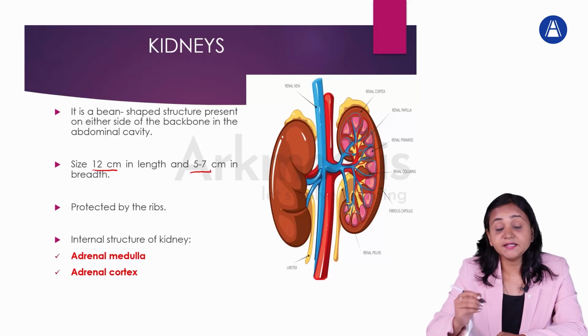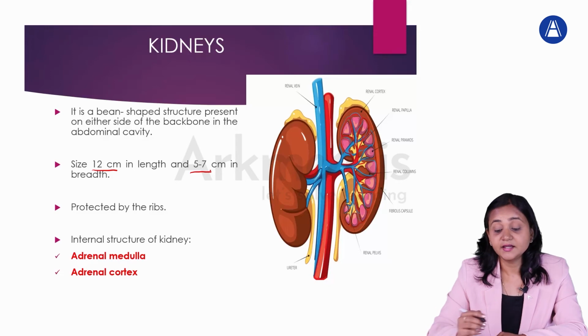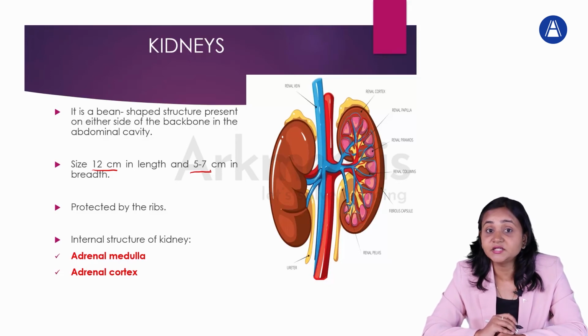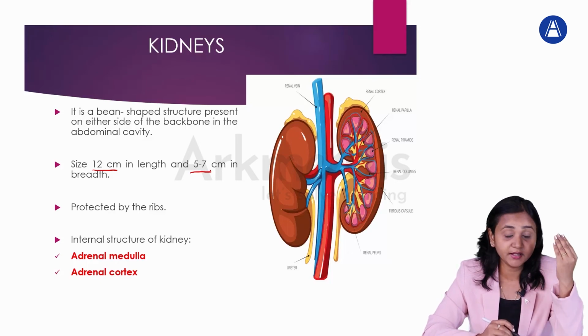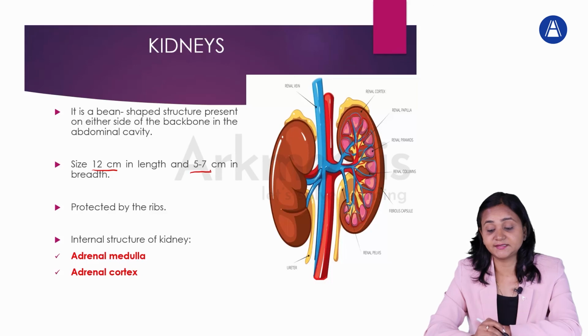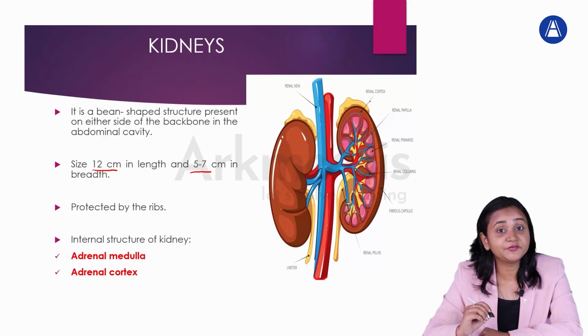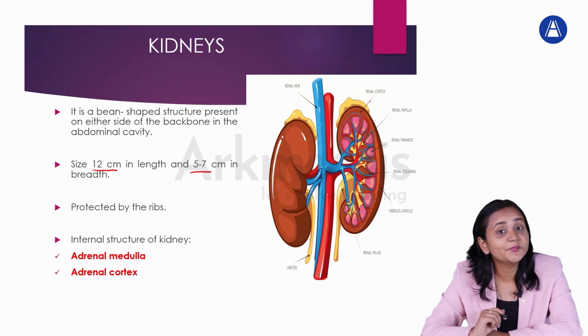The kidney is protected by the ribs, and when you look at the internal structure of the kidney, it is made up of 2 important parts: the adrenal medulla and adrenal cortex. The outer part is called the adrenal cortex, while the inner part of the internal structure of the kidney is called the adrenal medulla.